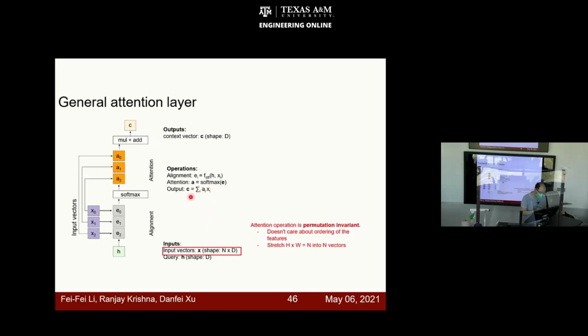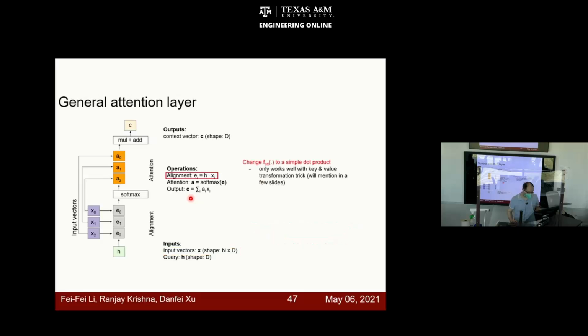So I can change x0, x1, x2 to x0, x2, x1, and the resulting A will be A0, A2, A1, but the resulting C will be the same because I'm using the weighted average, which is insensitive to the order of i, okay? That's something you have to pay attention to. That's why I'm saying this attention operation is permutation invariant, right?